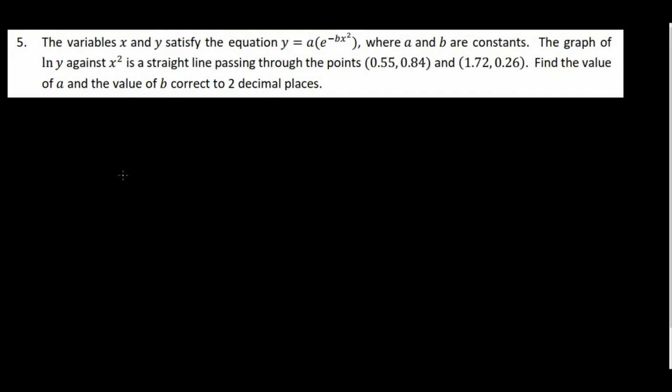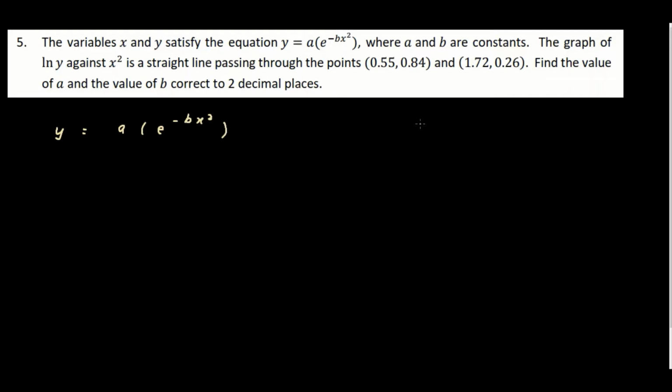Okay, number 5, the variables x and y satisfy the given equation. A and b are constants here. So a graph can be plotted with a straight line passing through the 2 points given. What you need to do is find the values of a and b correct to two decimal places. In this question, they give us the equation y equals a multiplied with e to the power of negative bx squared.